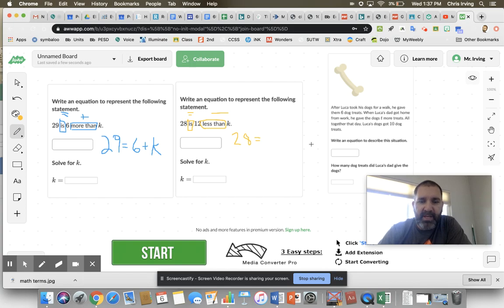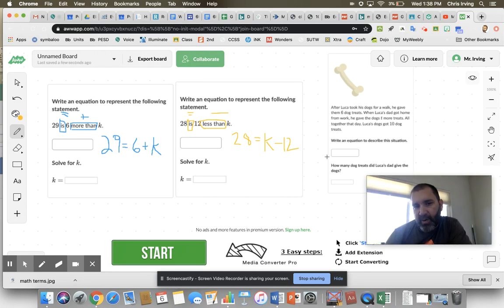What are we taking from here? Well, we're actually taking from k. Less than k. You have to make sure that you write your subtraction problems the correct way, because it's going to affect your next step. All right, there's your equation. That's what would go in the first box.